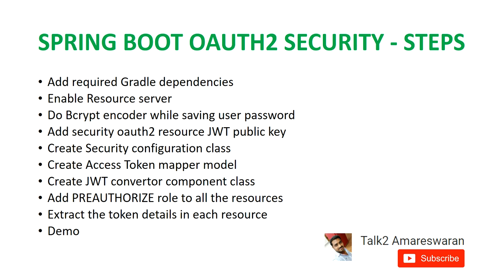So we have to store the user password in the Bcrypt encoder format. Now I am going to show you how to create a Bcrypt encoder string and how to store it in the database. The resource server already has an API to create a user. So while creating a user, I am going to encrypt that user password.